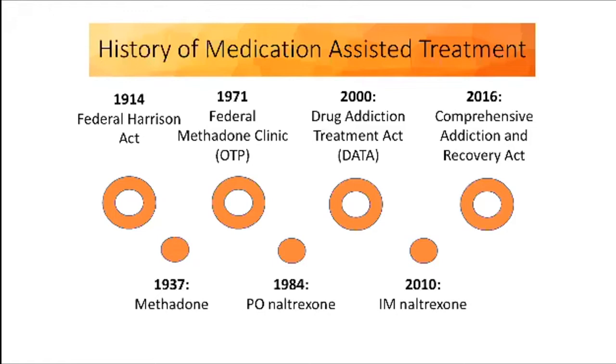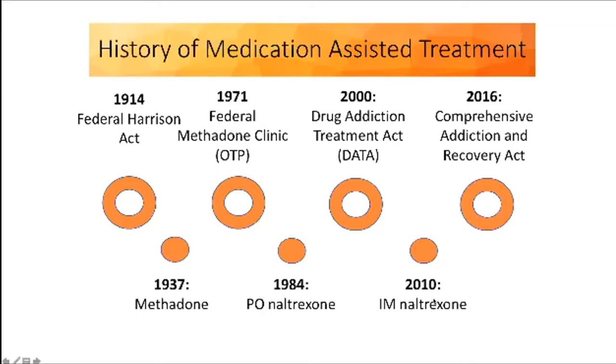And then in 2000, we had the Drug Addiction Treatment Act, the DATA Act. That expanded the prescribing privilege to increase the amount of patients that physicians could see. And it permitted physicians to prescribe buprenorphine outside of OTPs as a Schedule III medication.